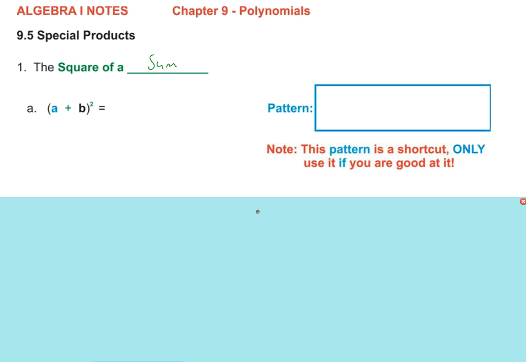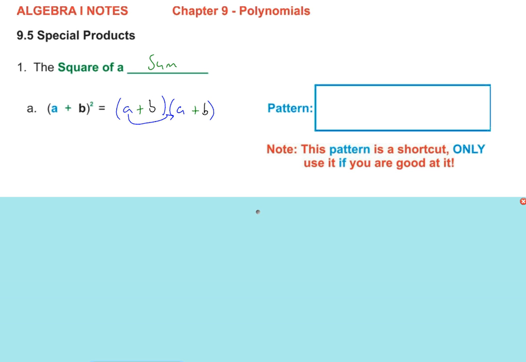Let's just go longhand. So if you saw this problem, hopefully you definitely wouldn't misappropriate the exponent rule, and you'll say this is a plus b times the quantity a plus b, right? And we already know how to multiply two polynomials. We're going to distribute.